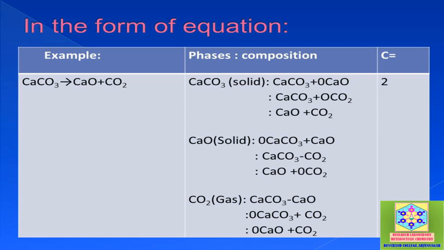And the CO2 phase can be expressed as CaCO3 minus CaO. So this is the indirect or mathematical way to describe or express the composition of the phases in the form of an equation.